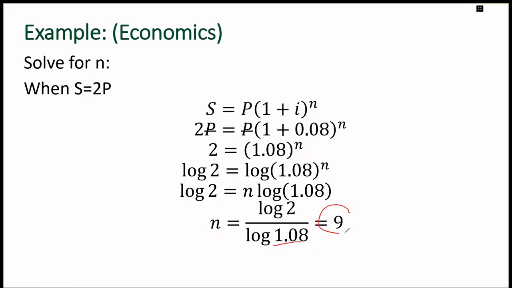We get n equal to 9 periods. If it is months, 9 months; if it is years, 9 years. So if this is per annum, it will take you 9 years to double your principal, 2 times P.